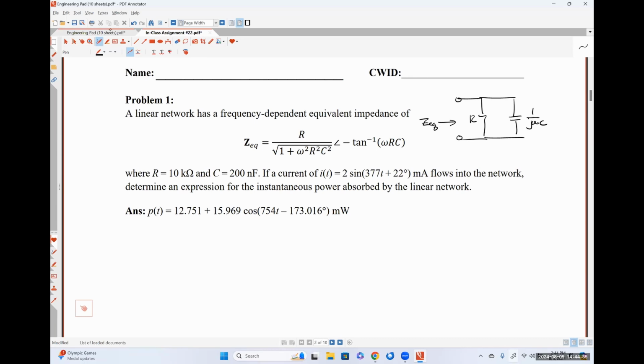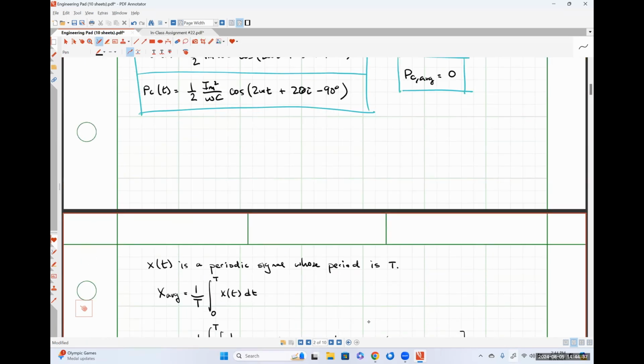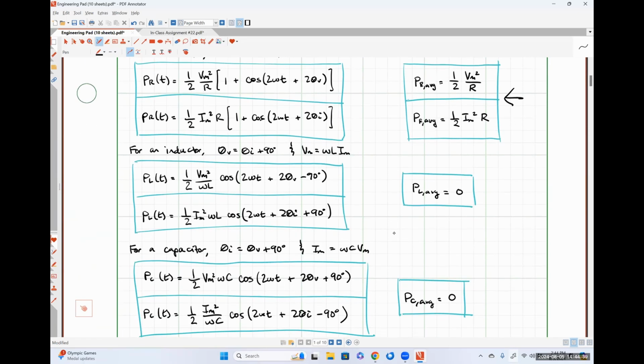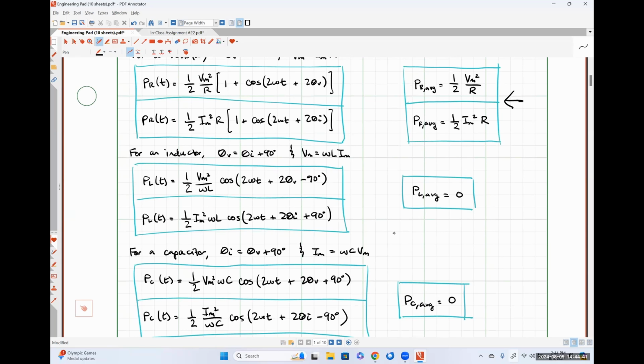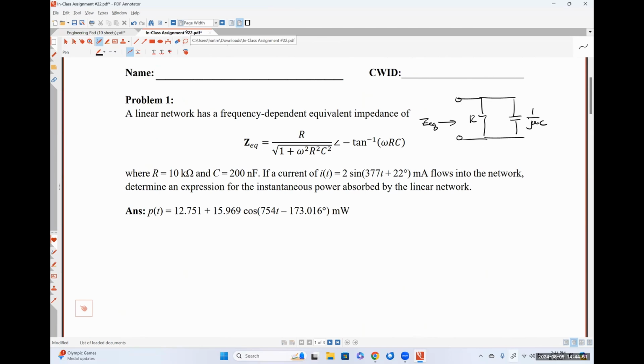The equations that I gave you that I boxed in this light blue color are for if we have just a capacitor, just an inductor, or just a resistor. But because our network has some resistance and some capacitance, none of those can be applied.